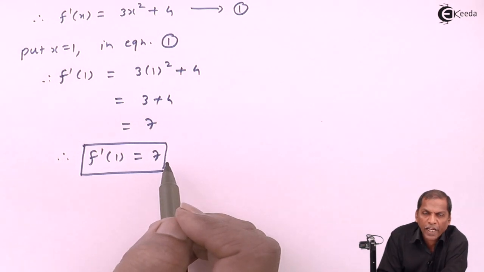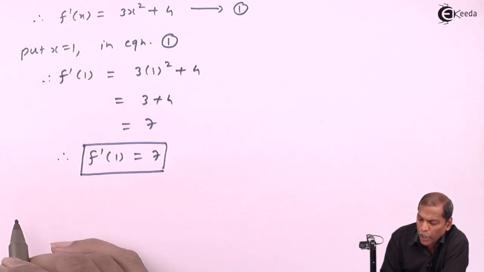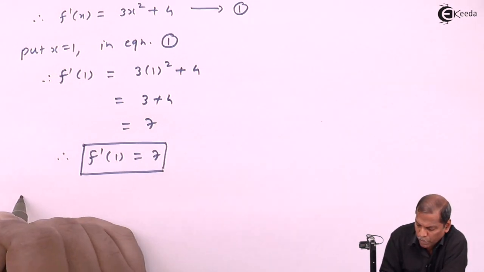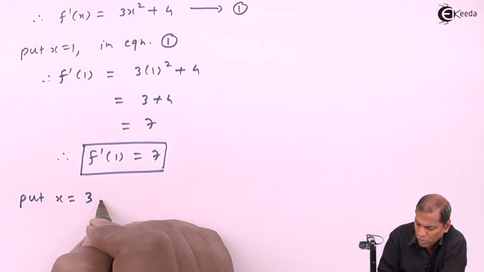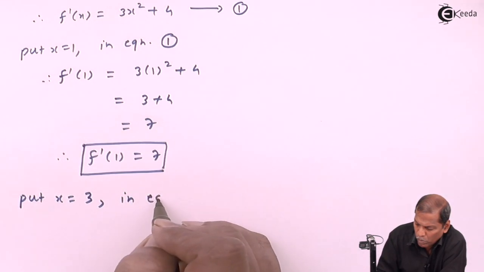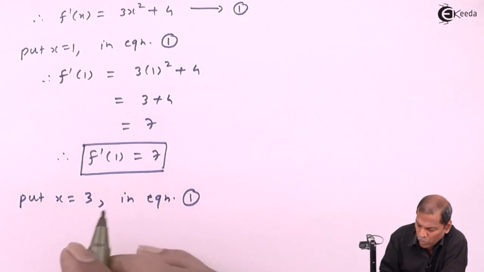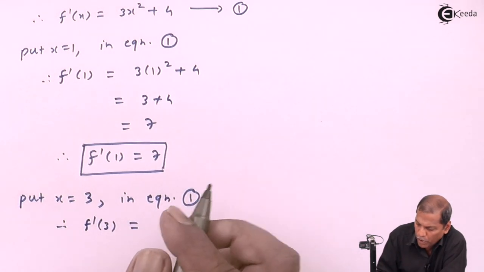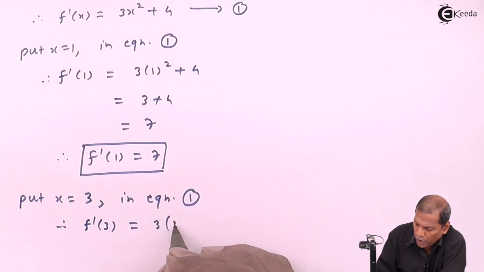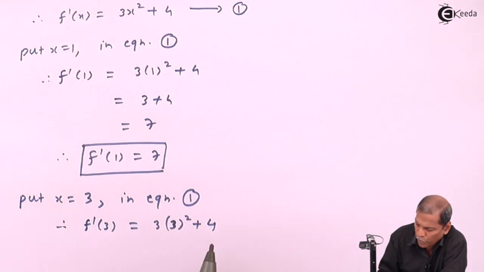Now to find f dash 3, we have to put x equal to 3 in equation 1. So we have f dash 3 is equal to 3 in bracket 3 square plus 4.